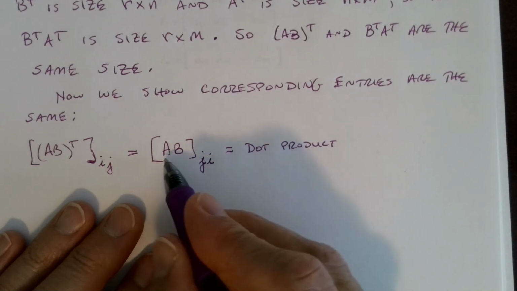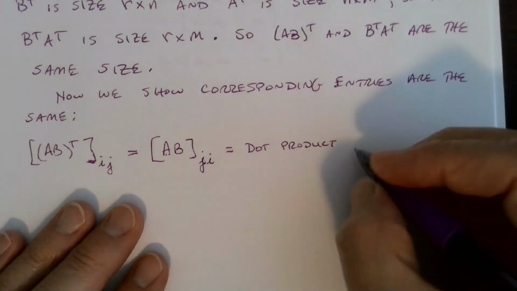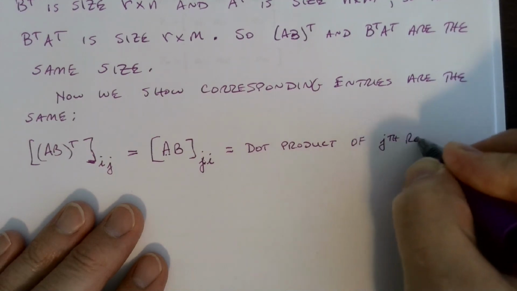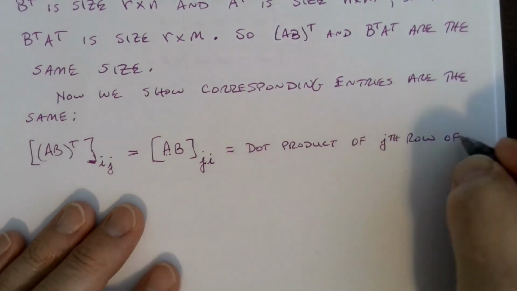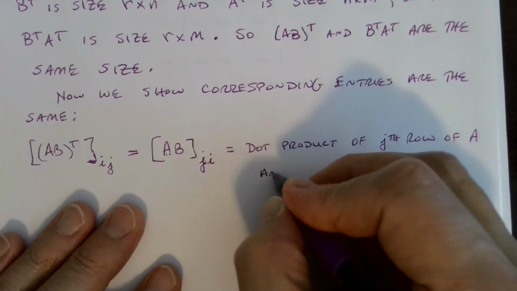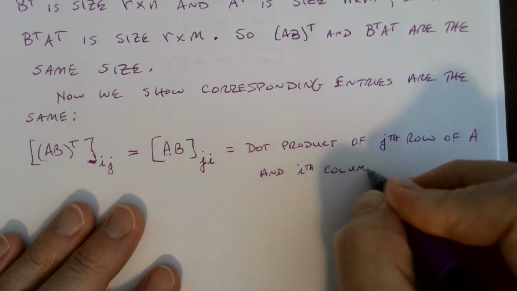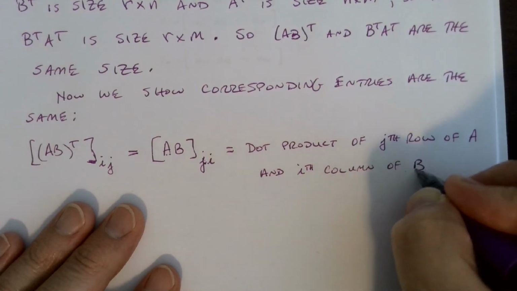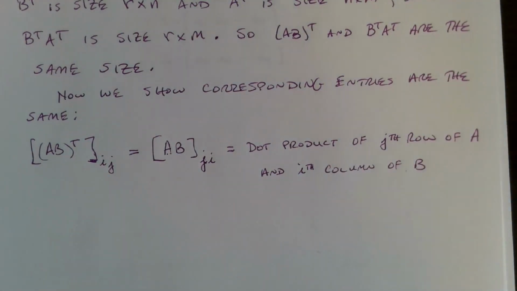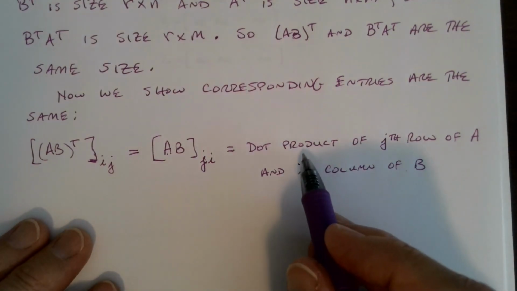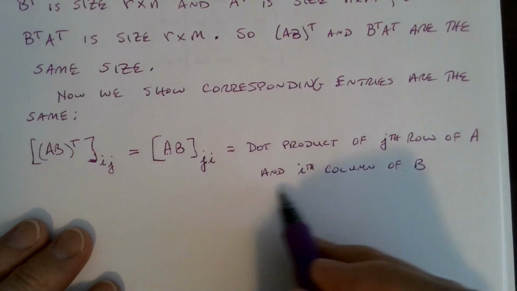The jth row of A and the ith column of B. Remember, that's the definition of matrix multiplication. All right? The jith entry is the dot product of the jth row of A and ith column of B.